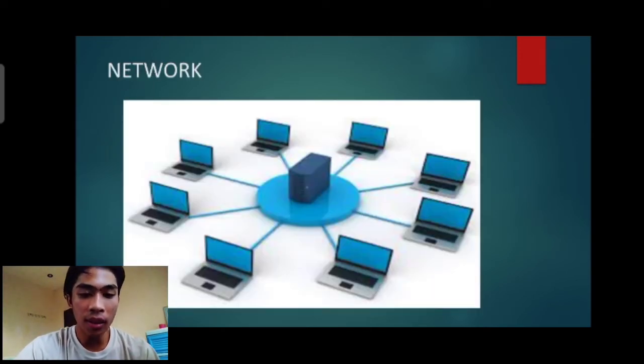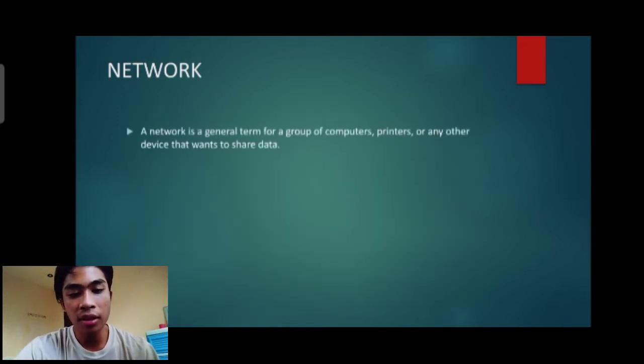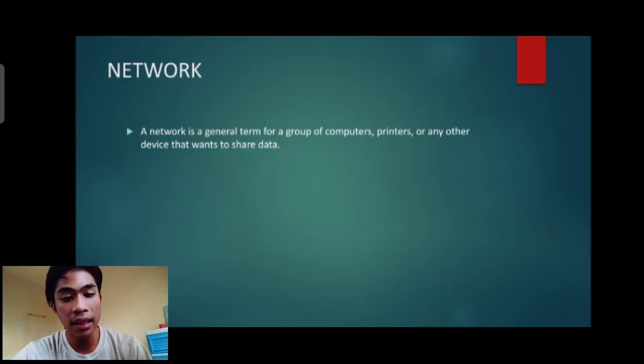Okay, the network. What is a network? Here is the visualization of a network. A network is a general term for a group of computers, printers, or any other devices that want to share data.